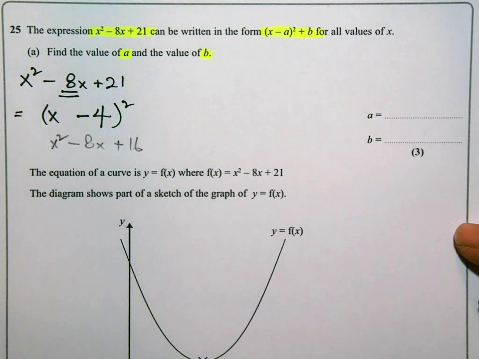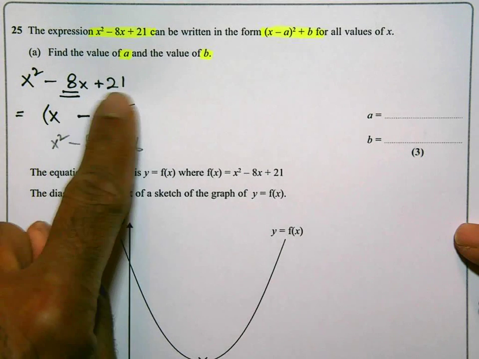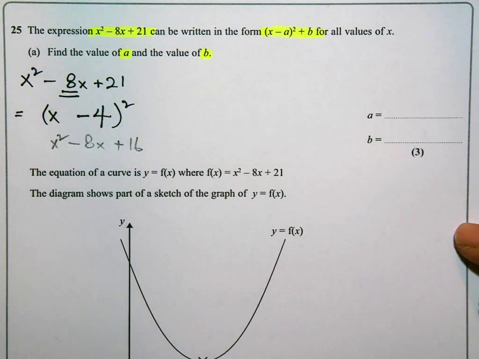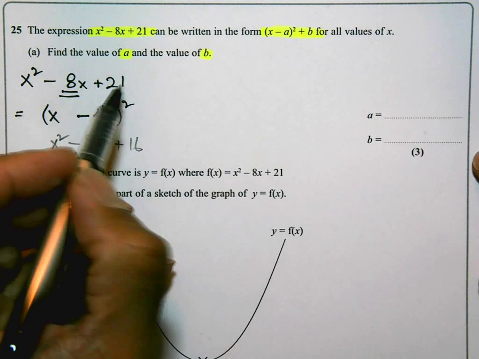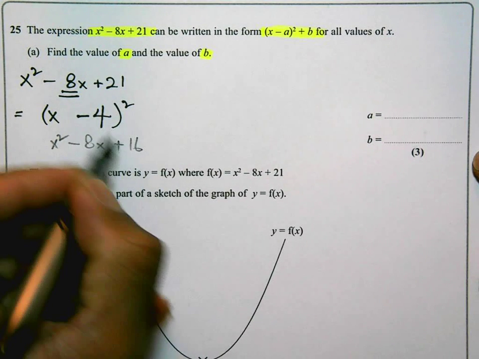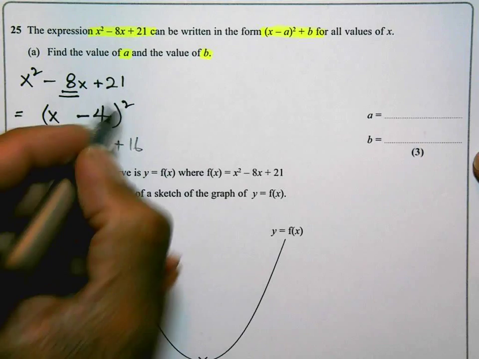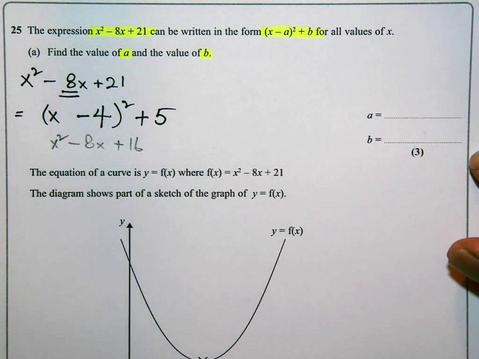You want this to equal x squared minus 8x plus 21. So the standard process typically is to take away the 16 and add the 21, but you can see what the difference is. It's going to be 5. So if I added 5 to that, I would end up with 21.